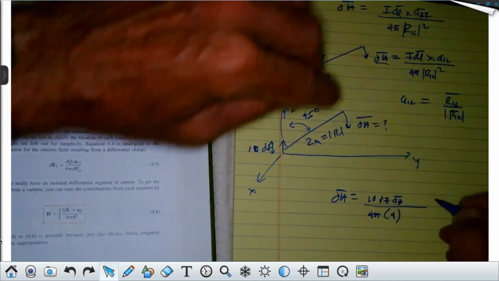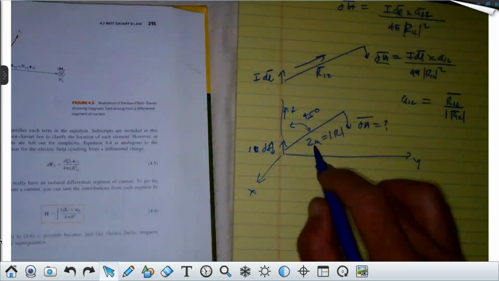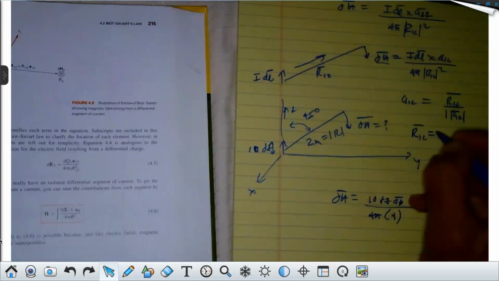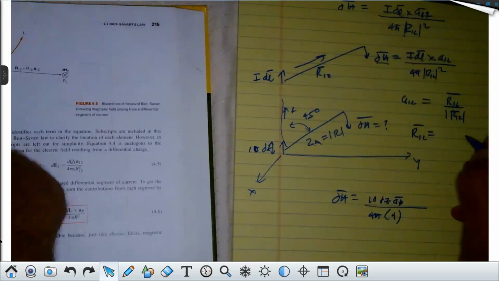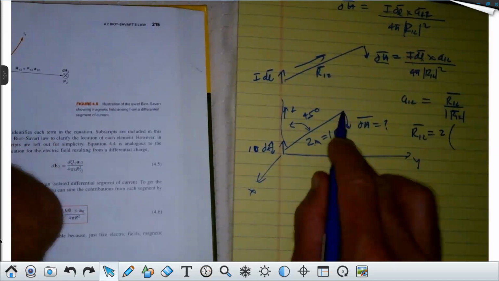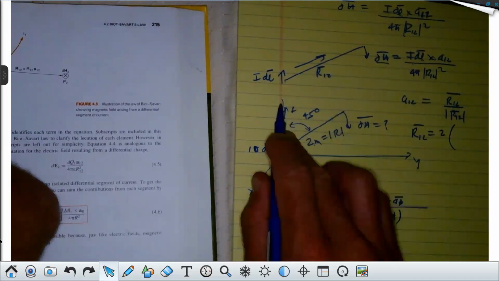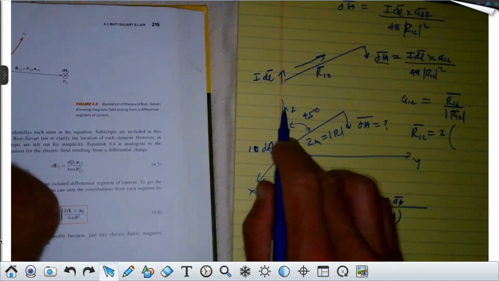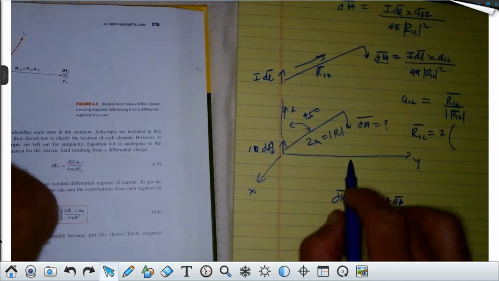Now I need to also get this unit vector, and here's the trick on this one. I said it was in the YZ plane, so this vector R12 would be equal to 2, that's the magnitude, times a cosine and a sine: the cosine of 45 degrees to get the Z component and the sine of 45 to get the Y component.